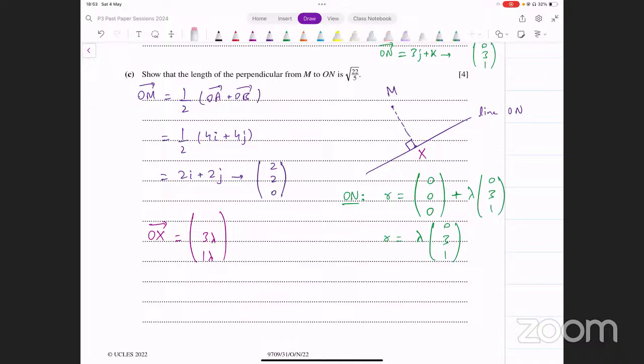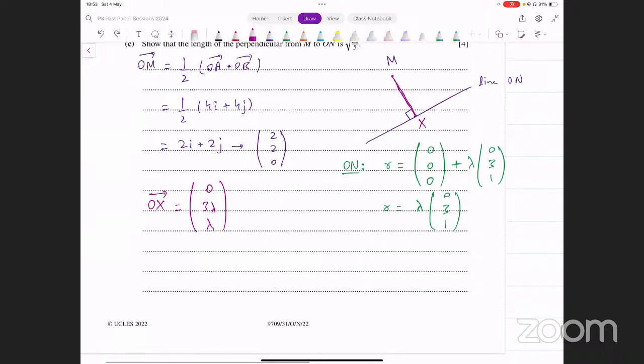You could simplify this to 0, 3 lambda, and lambda. That's the point OX. And now we need to find the vector MX somehow, because vector MX is supposed to be perpendicular to the direction of the line, and we would equate their dot product to 0.